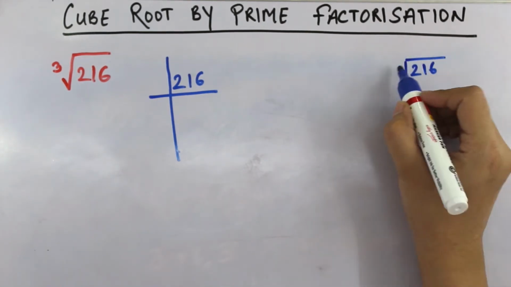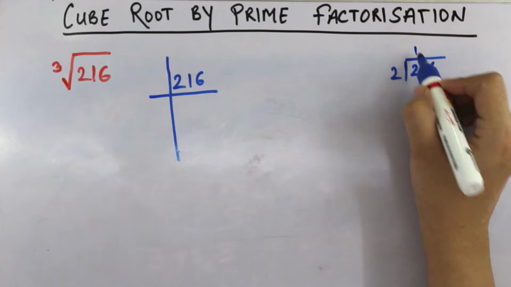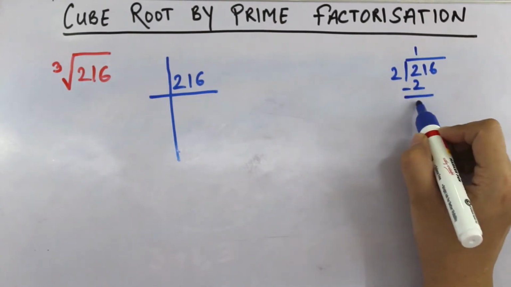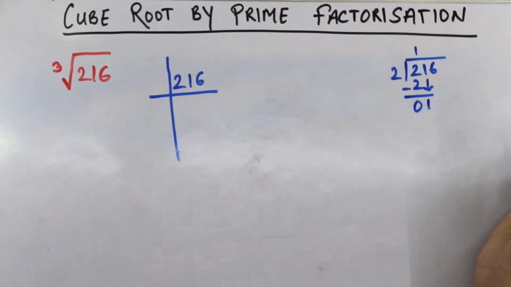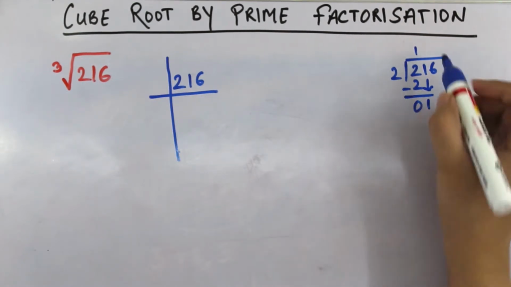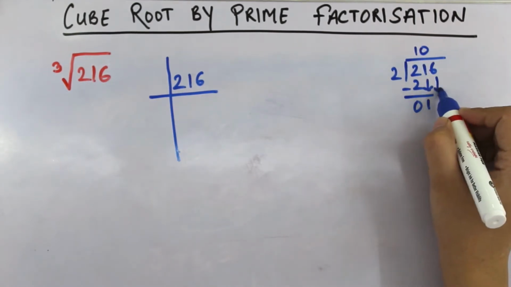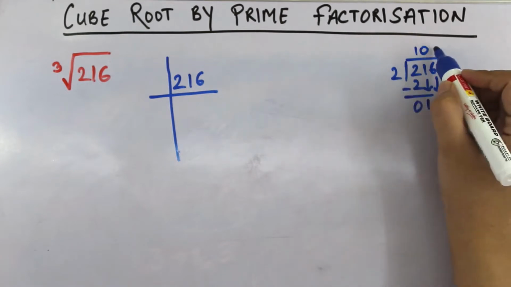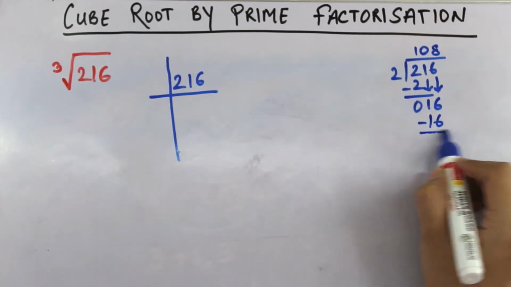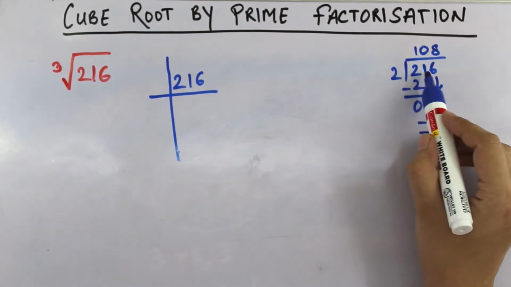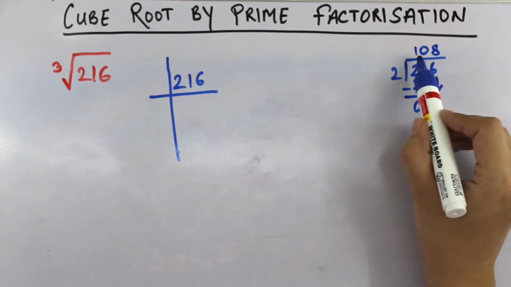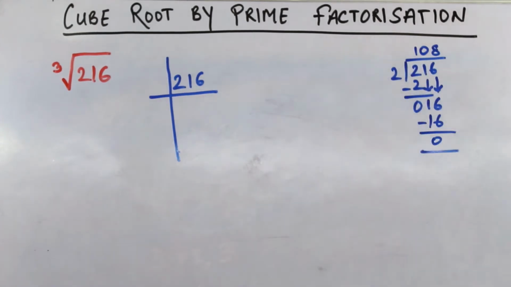If I divide 216, I get 2 ones are 2, 0. Then I bring down this 1. 1 is not divisible by 2, so I put a 0 here and I bring down another number 6. So 2 into 8 gives me 16. So when 216 is divided by 2, my quotient is 108.